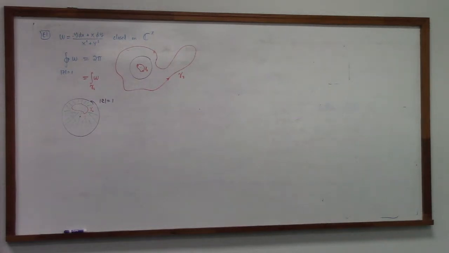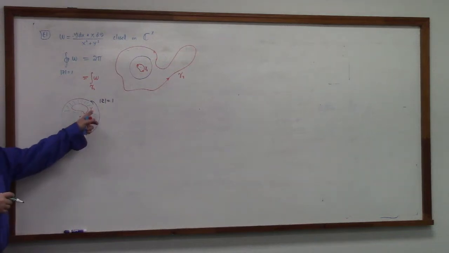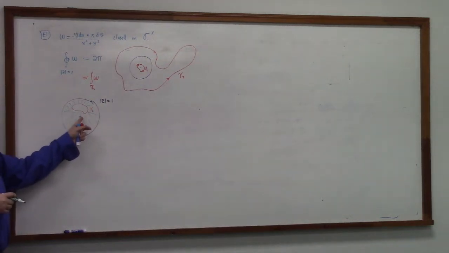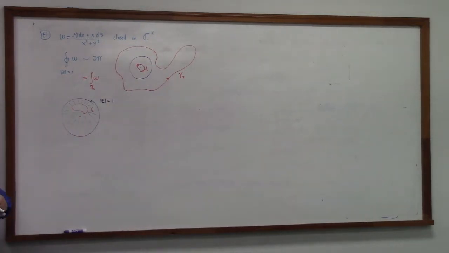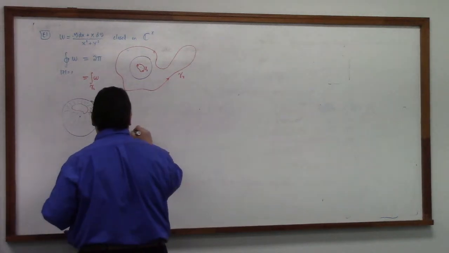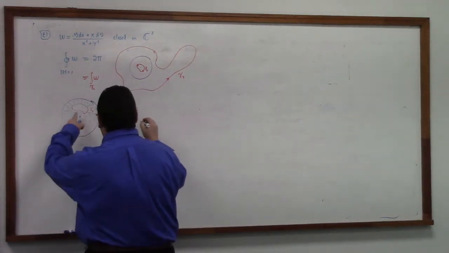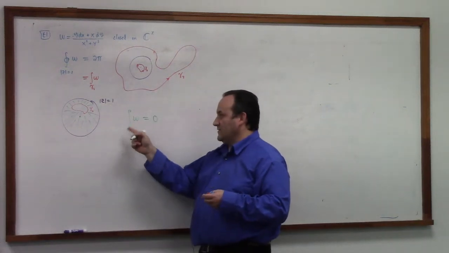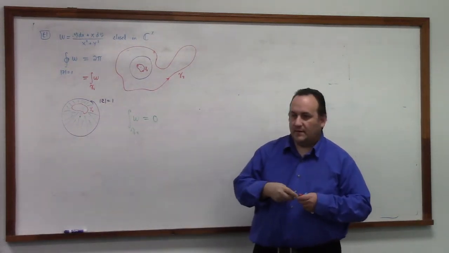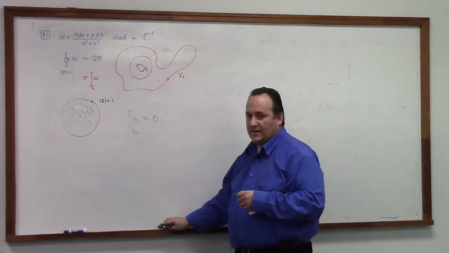In other words, there are no holes in it. But here, the region between the unit circle and gamma 2 contains the origin, a point where the form is not closed. So we can't apply the deformation theorem to these two curves. And that's good, because the integral around gamma 2 of omega is 0, since omega is closed on the region encircled by gamma 2.